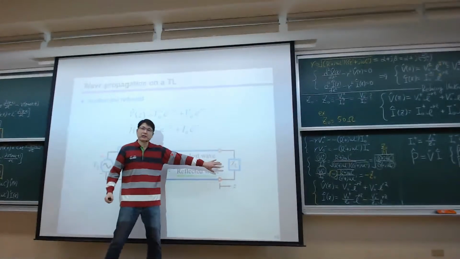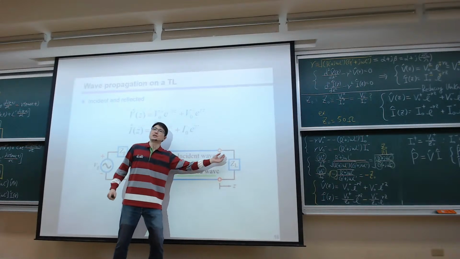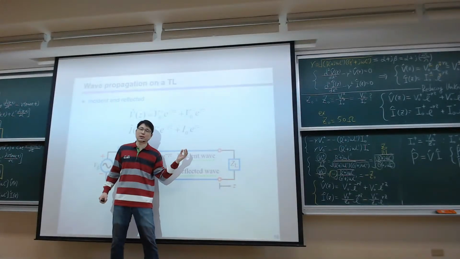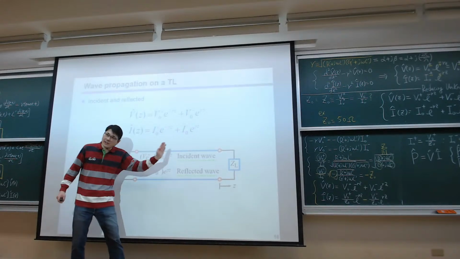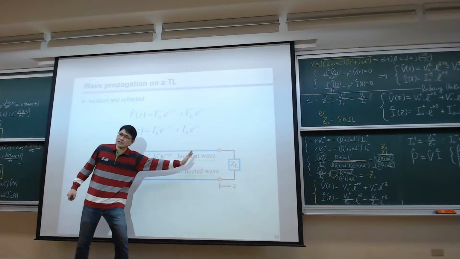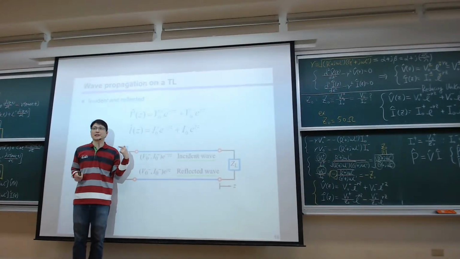But if the user cannot use 100%, it returns some portion of the power back to the generator. Delivered takes on a positive sign, returned must have a different sign.